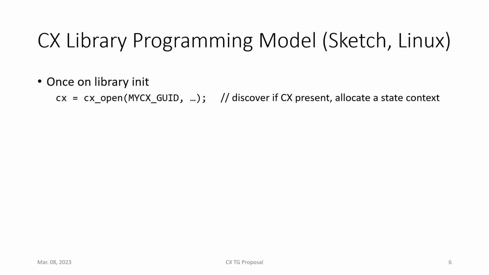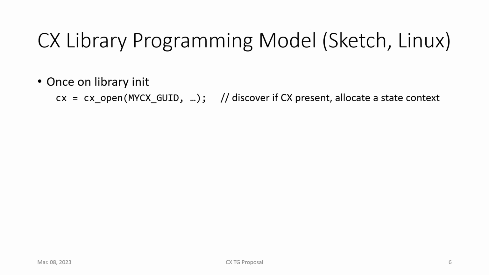Here is a sketch of a simple C binding of a Linux programming model for composable extensions libraries. Here, the mycx library calls the CX open system call to dynamically discover if its extension is available. A 128-bit globally unique ID is the canonical name of this specific immutable version of the mycx extension contract.